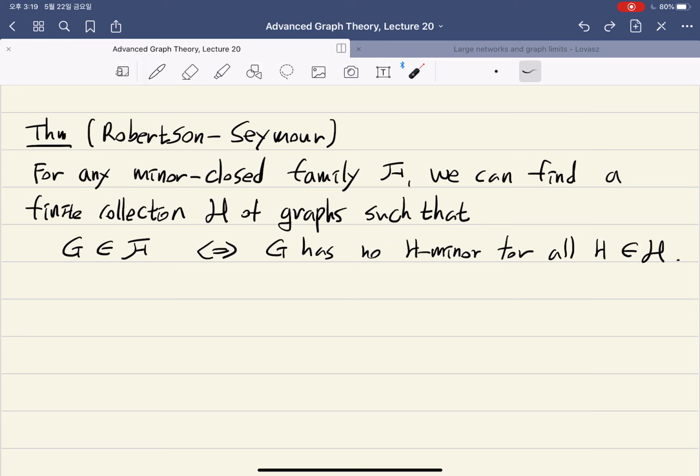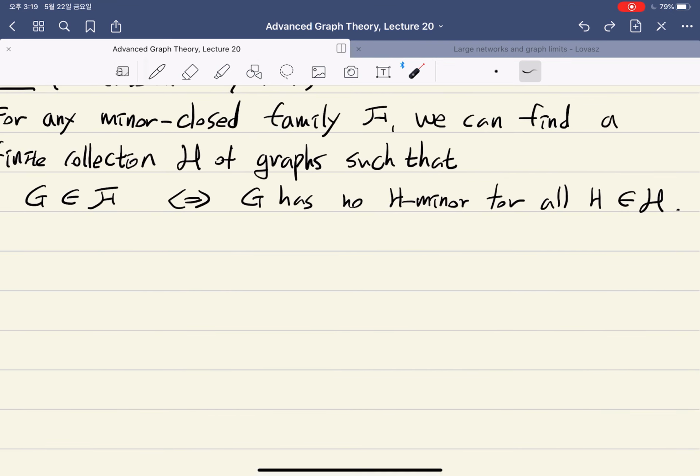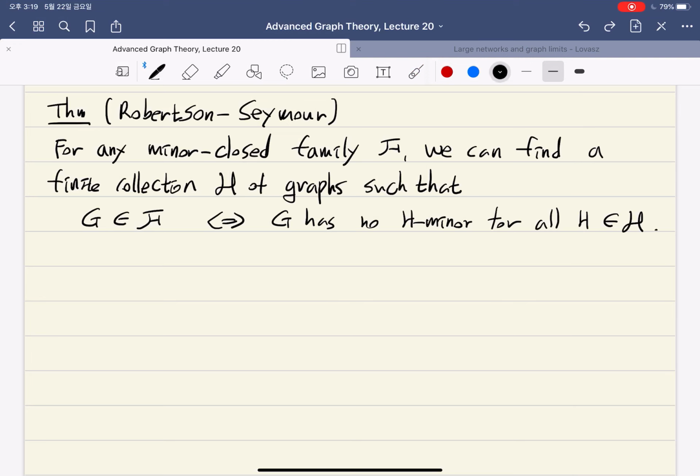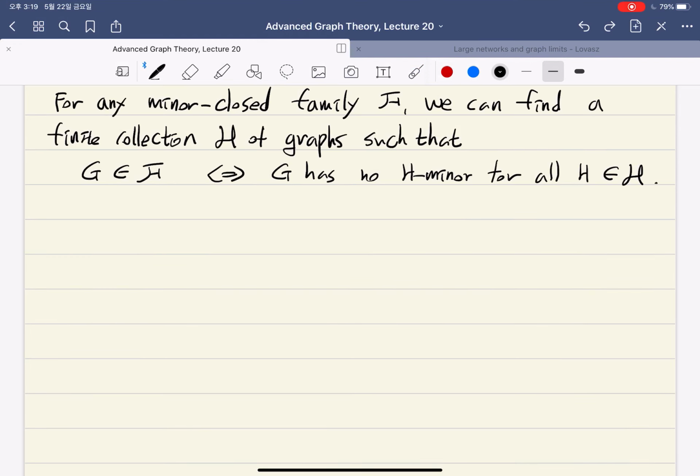So now the problem becomes: for a given H, can we check whether G has an H minor or not in an efficient way.